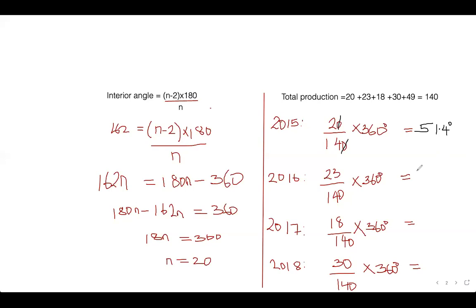Then 3 from 0 to 4, the 0 becomes 4. It's going to be 0.4. Then you get 51 plus 0.4, which is 51.4. And that's the answer. Then you put a protractor.